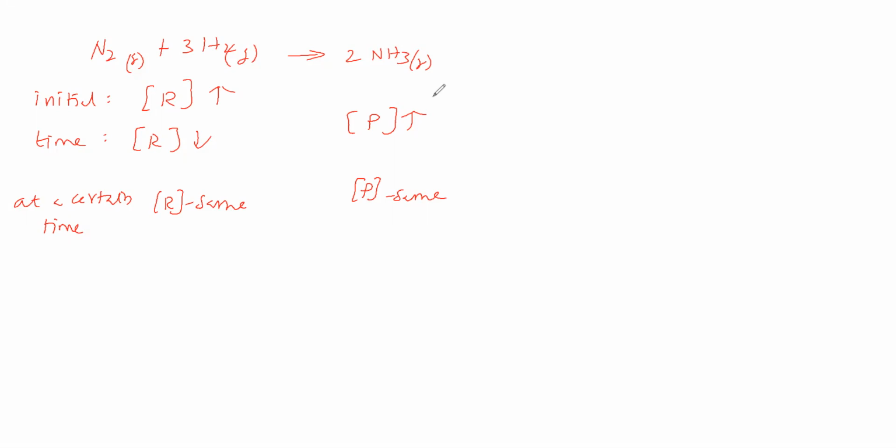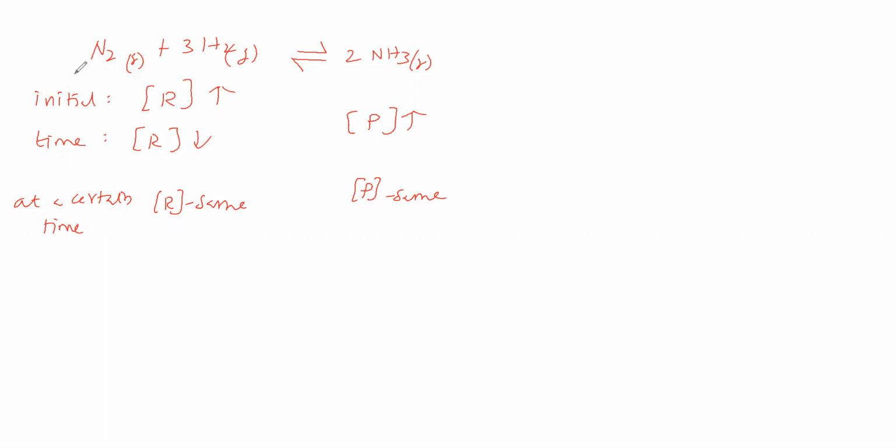Whether it is a natural process or an artificial process, the final state is equilibrium. Equilibrium means the rate of forward reaction is equal to the rate of backward reaction.